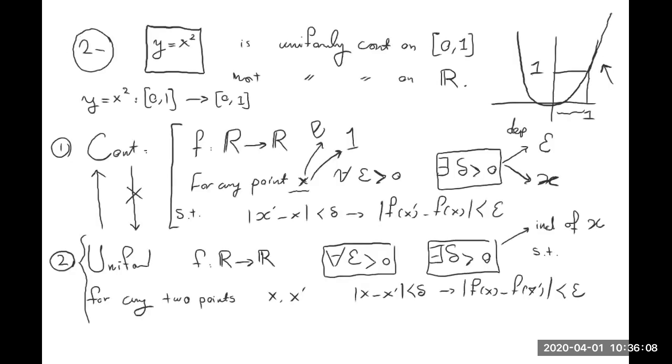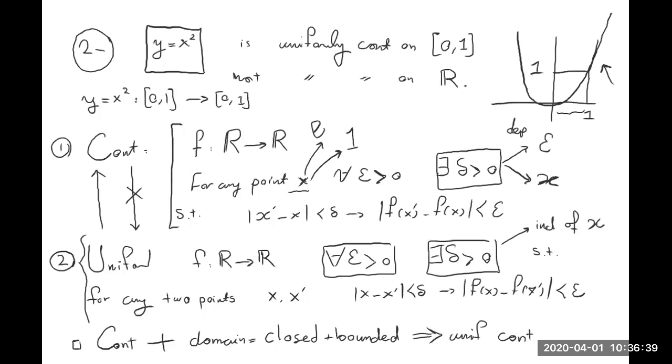If you have a continuous function, and if the domain is closed and bounded, then the function is uniformly continuous.